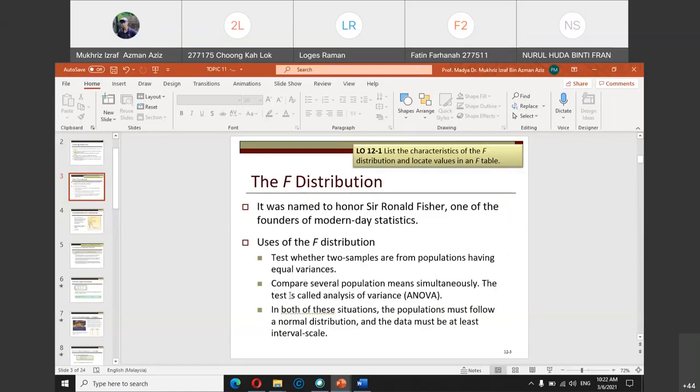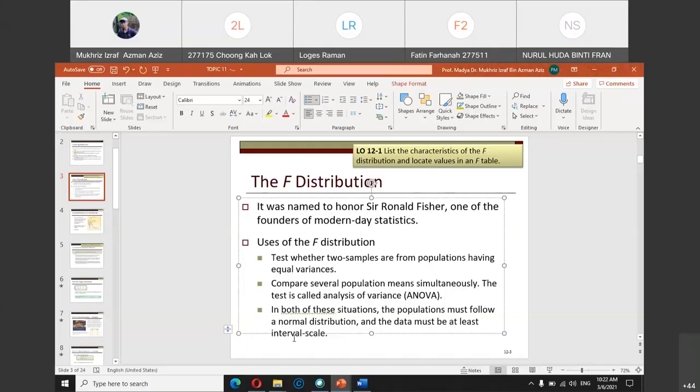Then comparing several population means simultaneously is called analysis of variance. So in ANOVA, the focus is based on variance, and the VA stands for variance. In both situations, the population must follow a normal distribution, and the data must at least be interval scale.